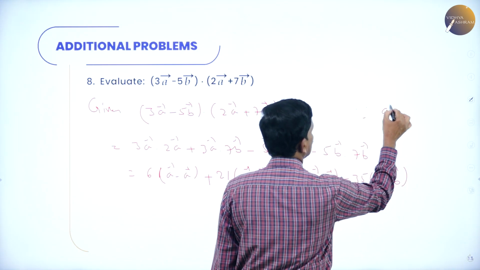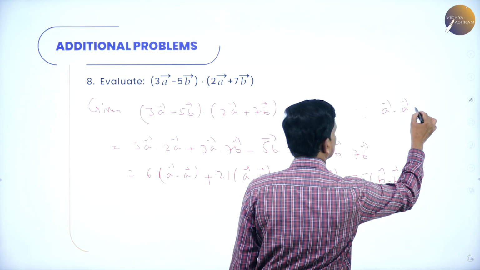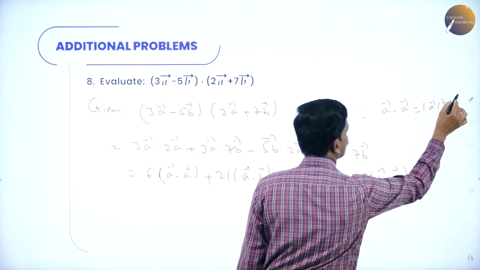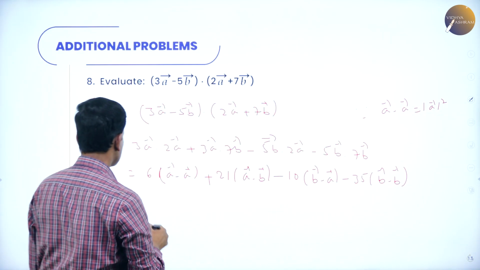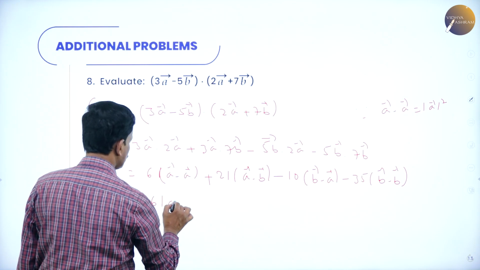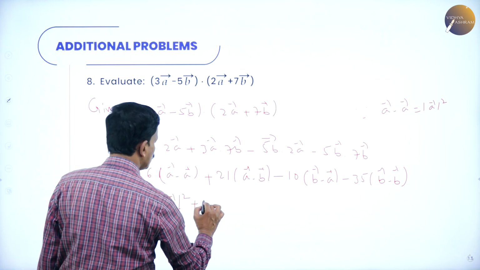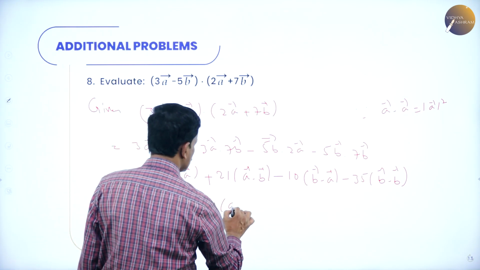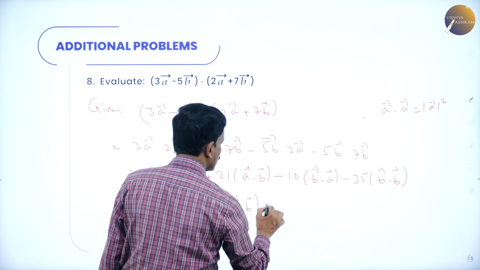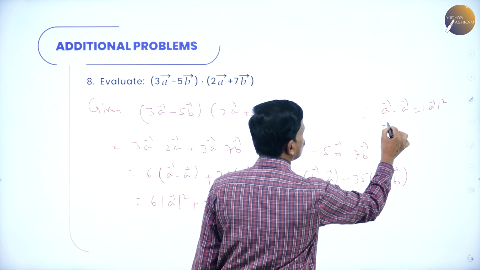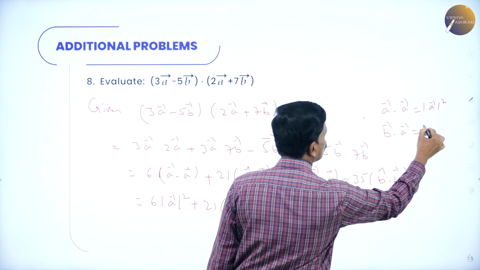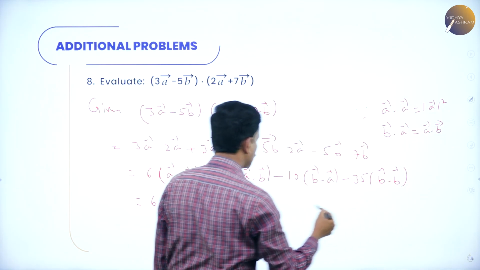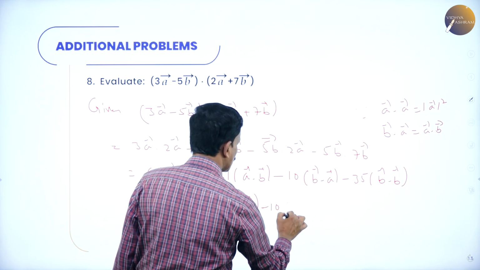Since a dot a can also be written as length of a into length of a, which is length of a whole square, this is 6 times length of a whole square plus 21 times a dot b, and b dot a is also equal to a dot b because dot product is commutative, minus 10 times a dot b.